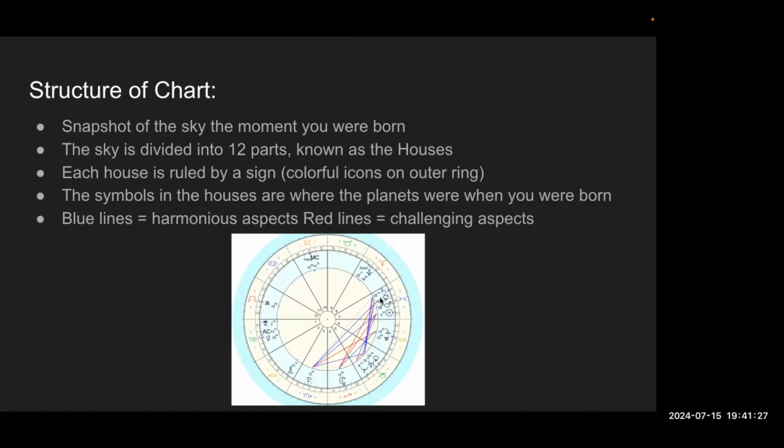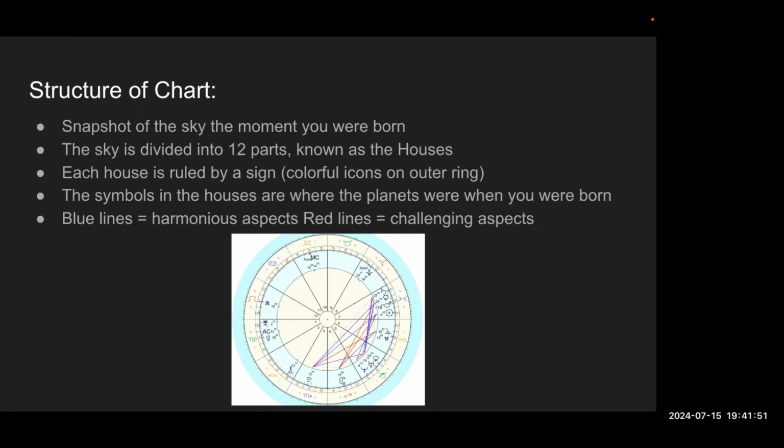So we did go over that. Everything you see within the houses, those are the planets. And when you see these blue and red lines here, the blue lines represent harmonious aspects between the planets, and the red lines represent challenging aspects between the planets. Now, aspects indicate that there is a relationship between the planets in your chart.